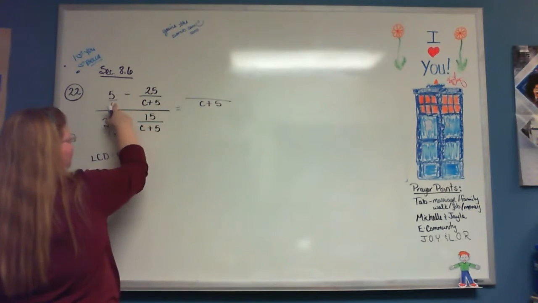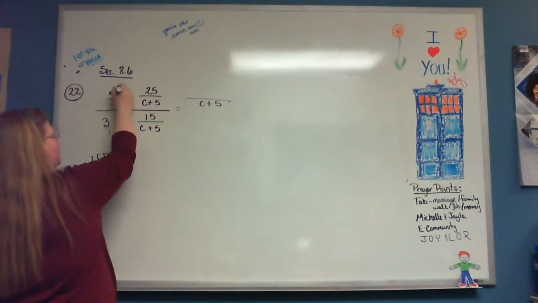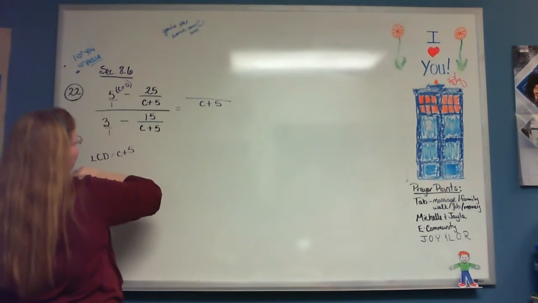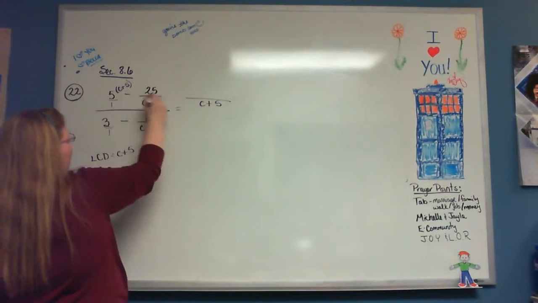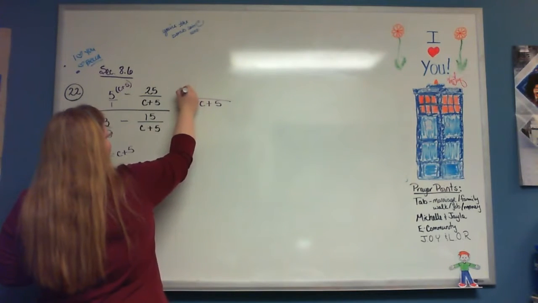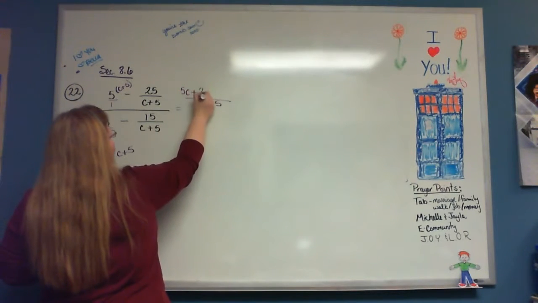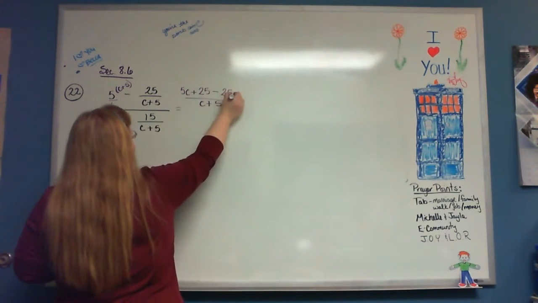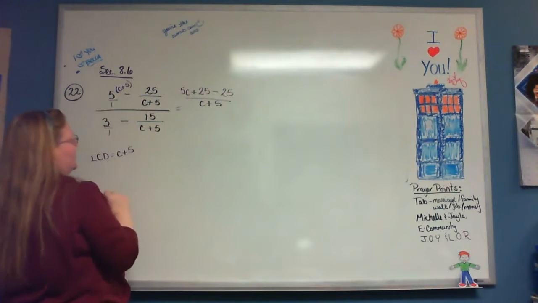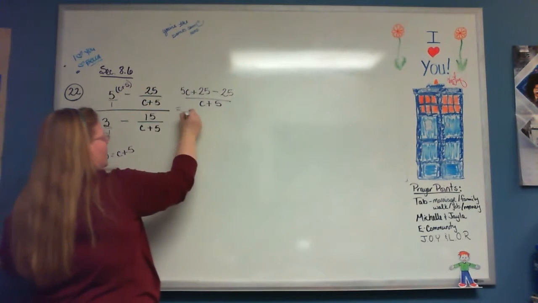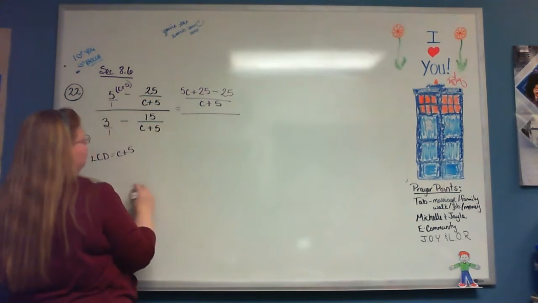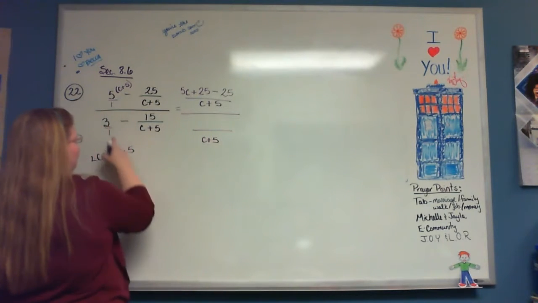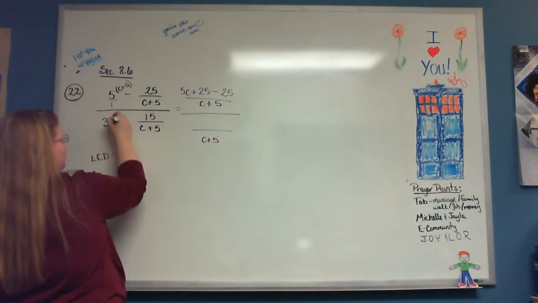The thing keeping this from having a C plus 5 on the bottom is C plus 5. So that's going to give me 5C plus 25 minus 25, because it doesn't need anything, over this side is missing a C plus 5 too.